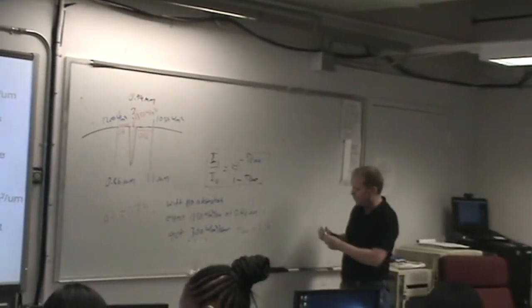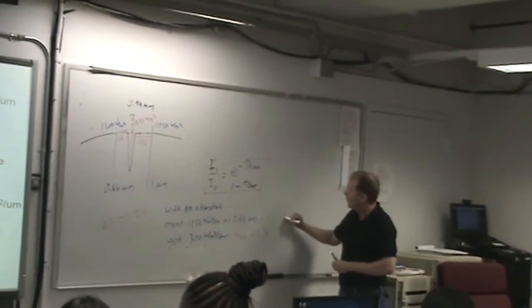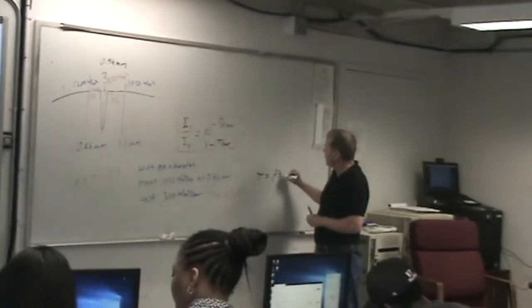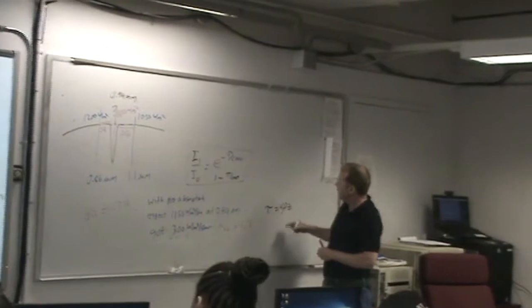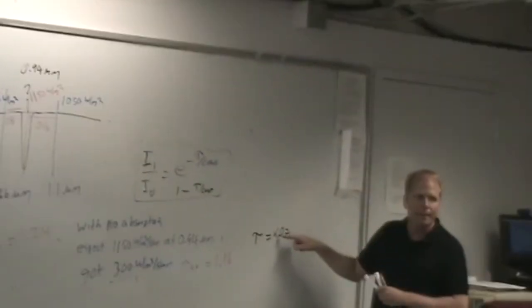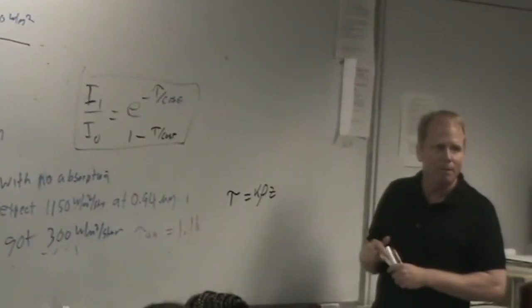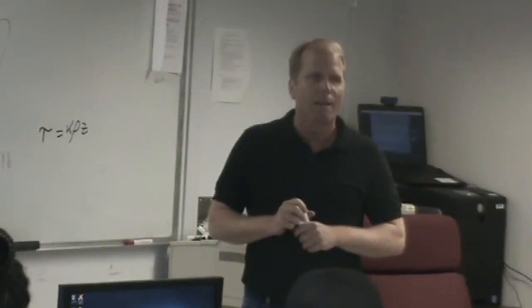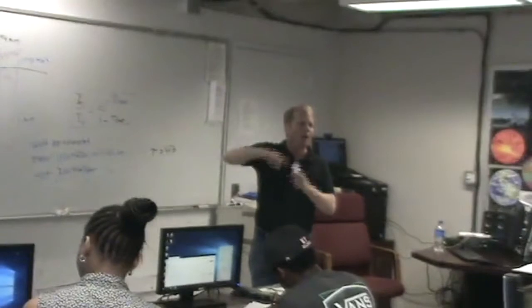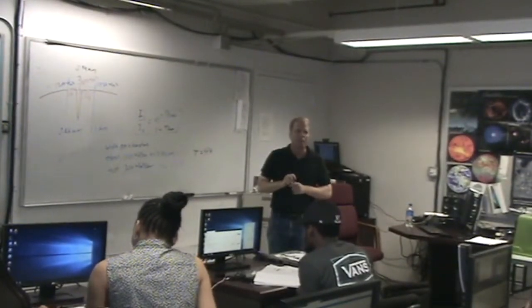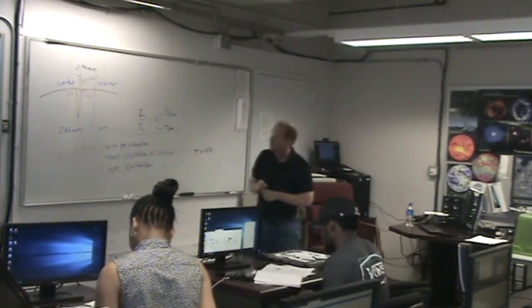And remember, tau is going to be equal to something like rho z times k. So if you know the k from the laboratory, you can get the column density. And that's how we actually measure the amount of water vapor in the air on a day-to-day basis, the total column, not down there at the surface, but the total amount of water vapor. That's how we can measure it by satellite and stuff.